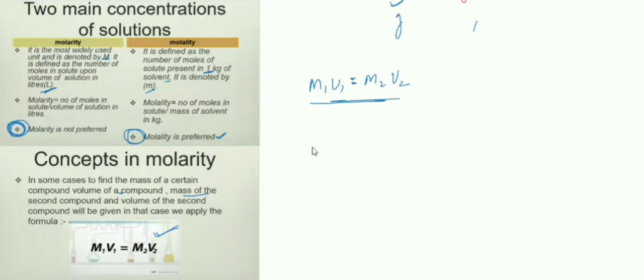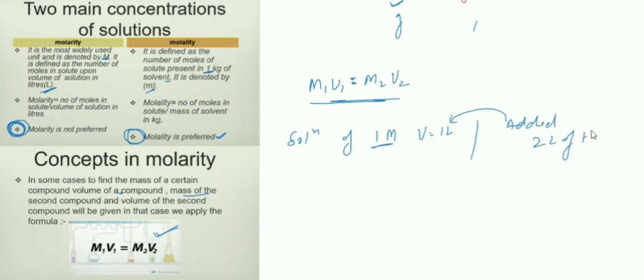Suppose I was having a solution of molarity 1, so that is 1 molar solution and its volume was 1 liter. Now in this 1 liter solution, I added 2 liters of water. So what will be the new molarity of the solution?